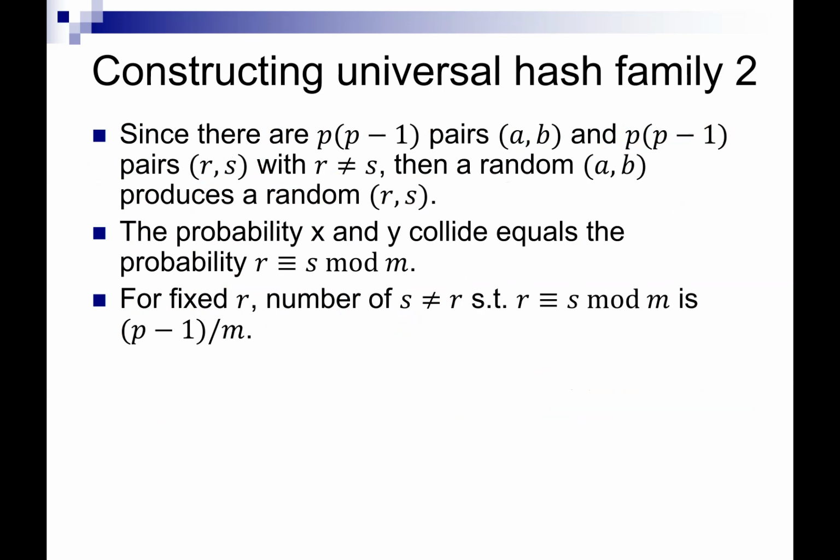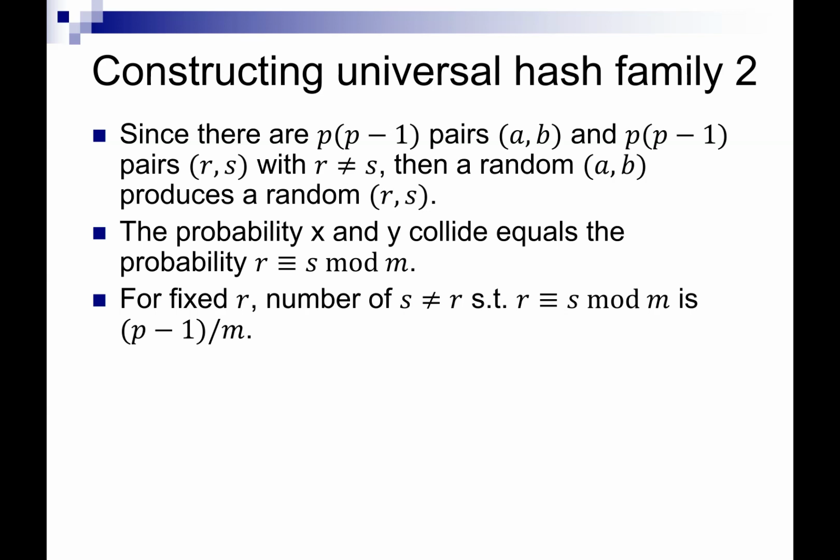And so there's this one-to-one mapping between the AB values and the RS values. This means that if you pick a random AB value, then you're going to get a random RS value, because there's this one-to-one mapping between the ABs and the RSs.